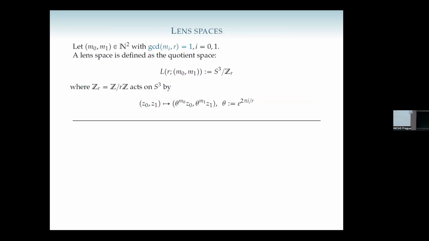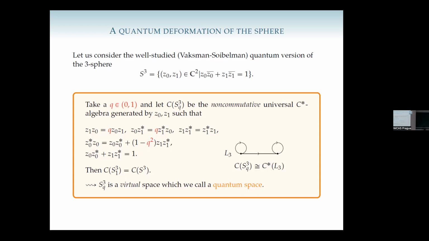So the relations here come from the relations in this quantum group. Then by Hong and Szymański, it was proved that these quantum spheres can be described as a graph C*-algebra. In this particular case, where the dimension is 3, it's just the graph I have written here, but I will come back to that.